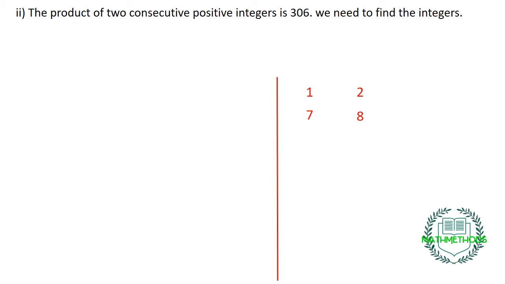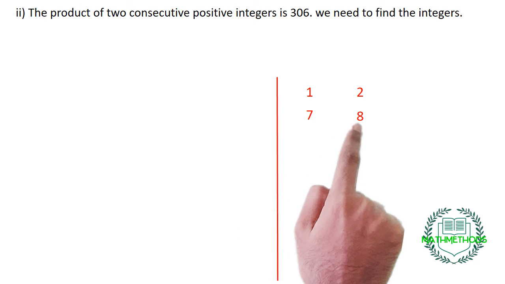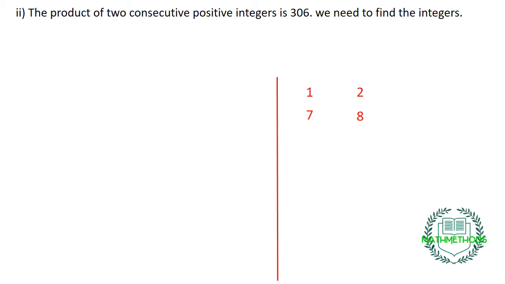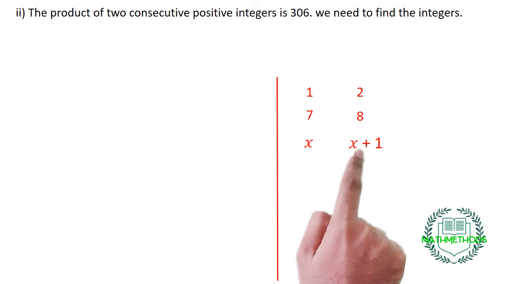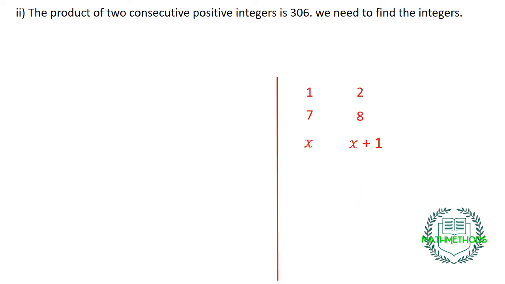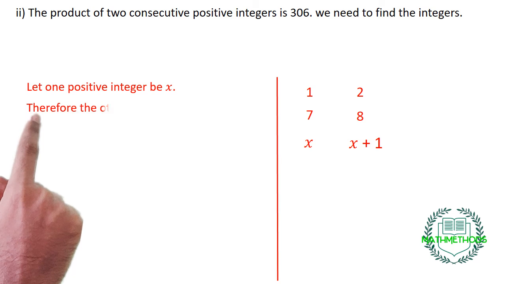If we add 1 to this smaller integer 7, then we get its consecutive, that is 8. Similarly, if we assume the smaller integer to be x, then the other integer will be x plus 1. Now you might have got some idea how we can form a quadratic equation from the given situation. Let one positive integer be x, then the other integer will be x plus 1.